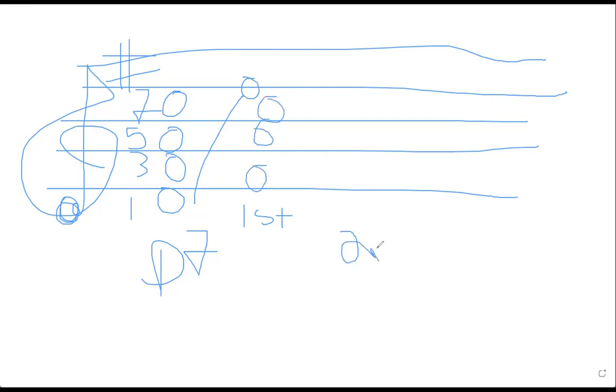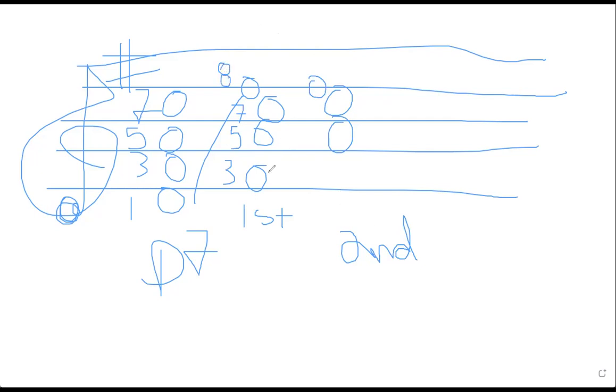Second inversion, we keep the root. We keep the seventh and the fifth, but we're taking the third and we're bringing it up an octave. Okay. 3, 5, 7, and that's an 8.